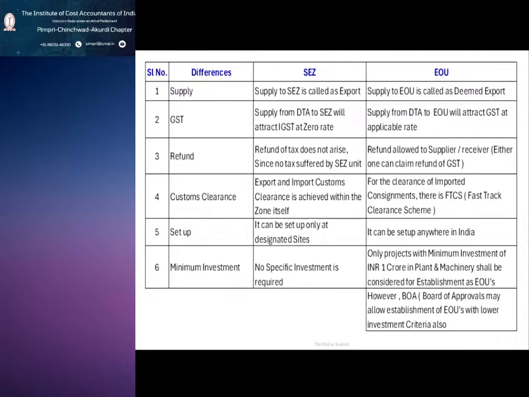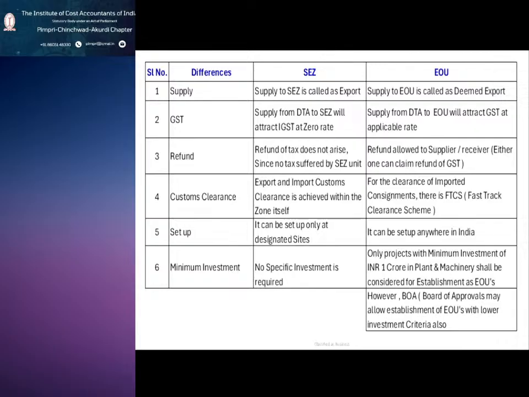Then for EOU, refund is allowed. You can go and claim the GST refund, but it is for either the supplier or the receiver, so there should be a mutual understanding. Either one can claim the refund. Then customs clearance.